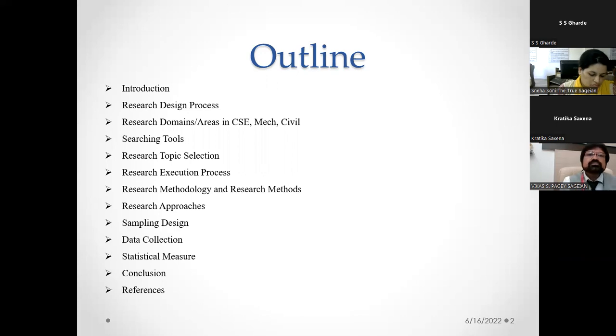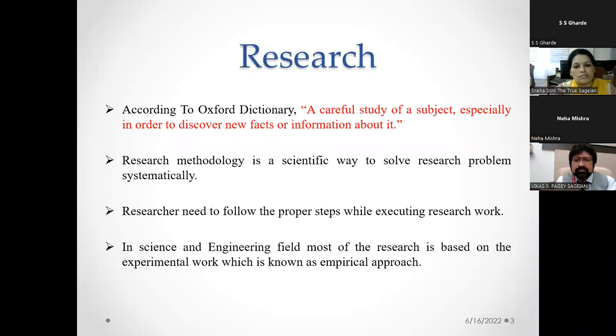Along with that, we will have a short look at research approaches, sampling design, data collection, and the most important among all, statistical measures, which will be required to get the results of your research. So we will take a short look at different sample statistical measures, and then we will conclude our session. I hope all of you will be with me during the whole session.